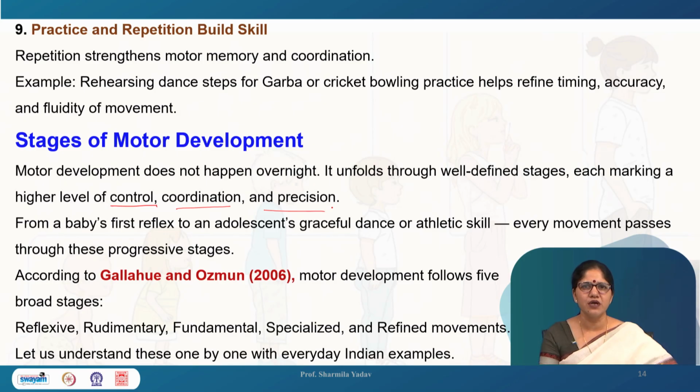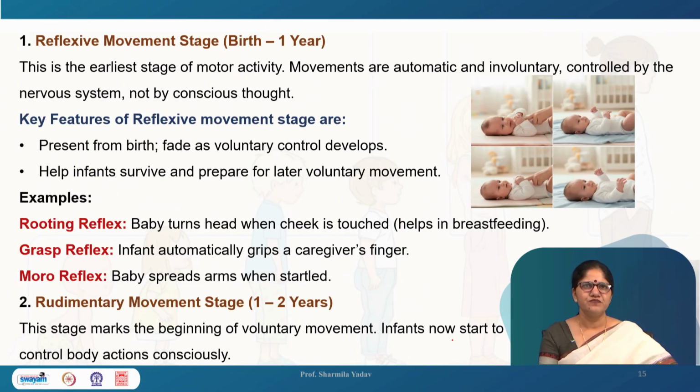According to Gallagher and Ozmun, motor development follows 5 broad stages: reflexive, rudimentary, fundamental, specialized, and refined movements. Let us understand these one by one with everyday Indian examples.